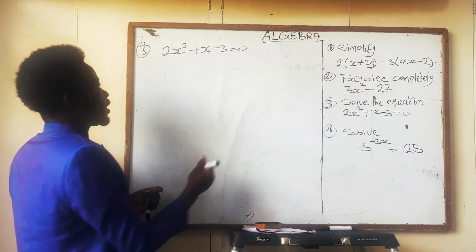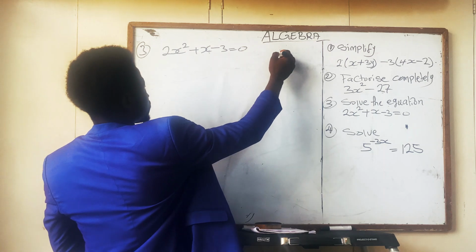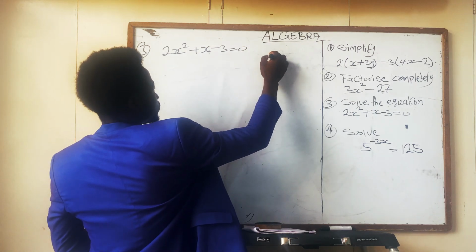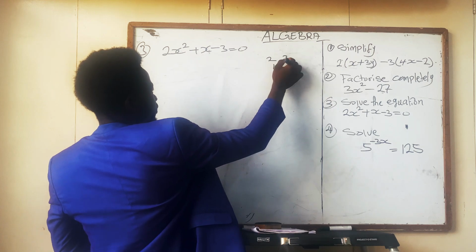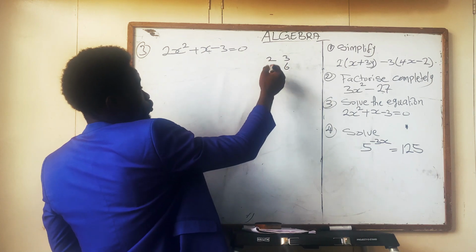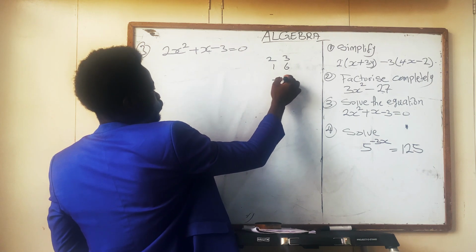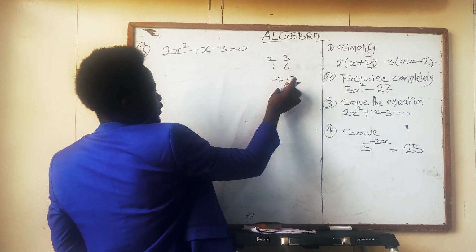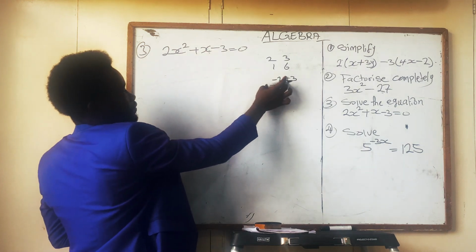And so looking at it, when you list the multiples or factors of 6, we have 2 times 3, 1 times 6. Any other? No. So when I pick negative 2 plus 3, I'll get x, but when I multiply it, I'll get negative 6.